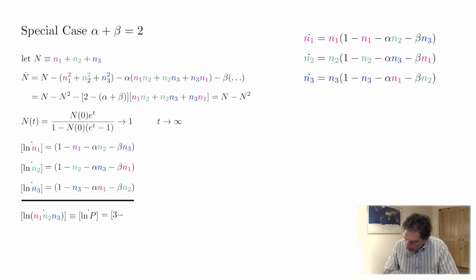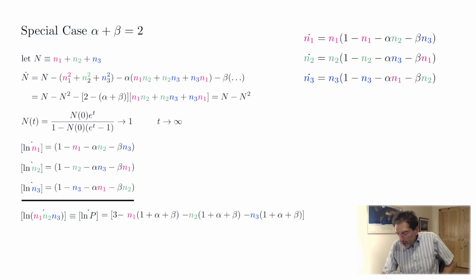And then we have minus n1, and there's a 1 in the first equation, a beta in the second equation, an alpha in the third equation, and so we'll get 1 plus alpha plus beta. And then the same thing, minus n2 times 1 plus alpha plus beta, minus n3 times 1 plus alpha plus beta. But if alpha plus beta is equal to 2, then 1 plus alpha plus beta is equal to 3. And so this is nothing more than 3 times 1 minus N.